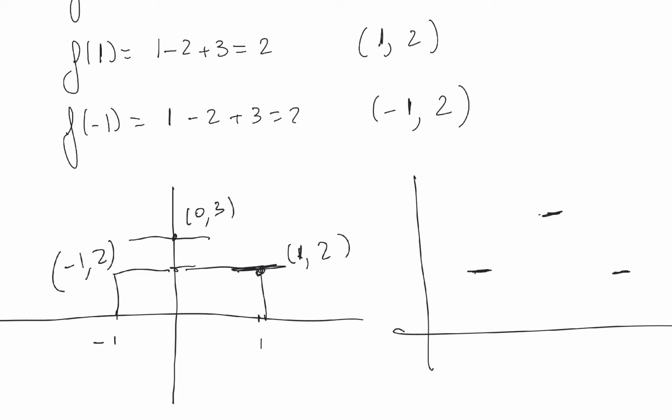Yes, we know that at these points the slope is 0. This point is the point minus 1, 2. This point is the point 0, 3. And this point is the point 1, 2.